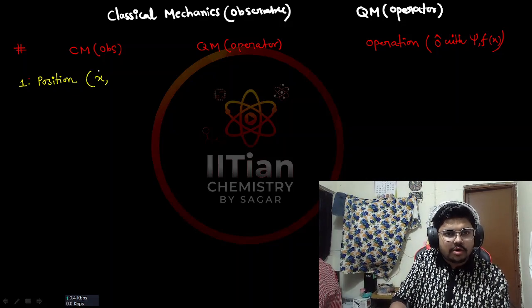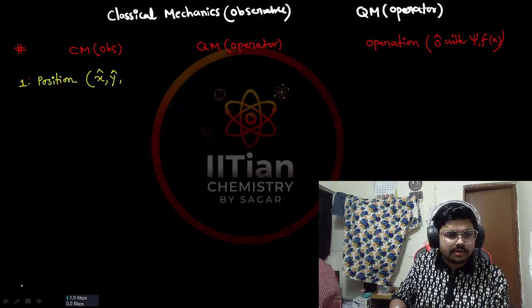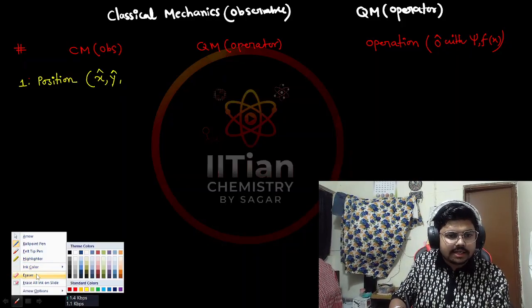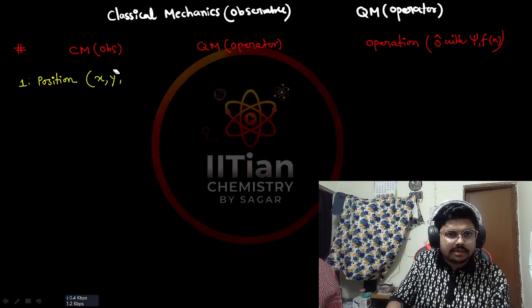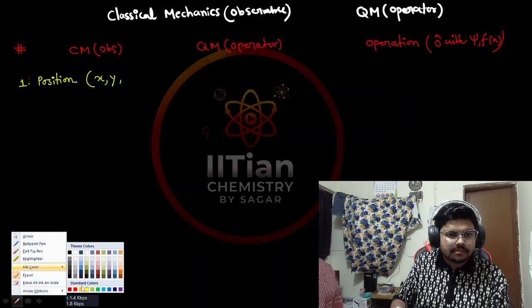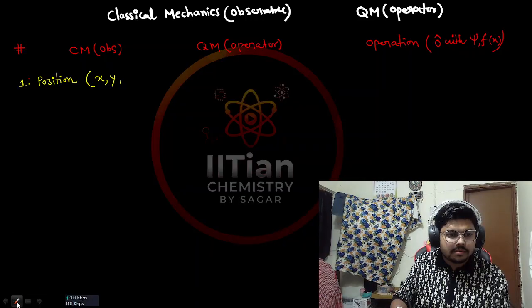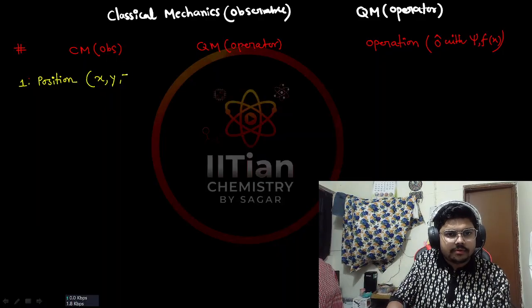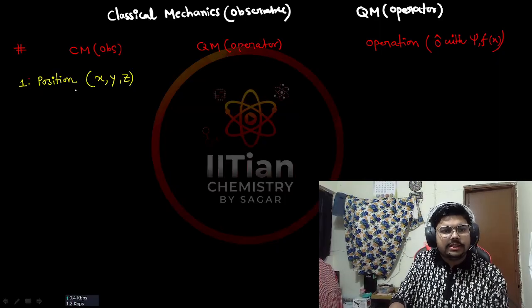In Cartesian coordinates, we denote x, y, z. The cap sign is basically the sign of an operator, isn't it? In classical mechanics, we do not use that.